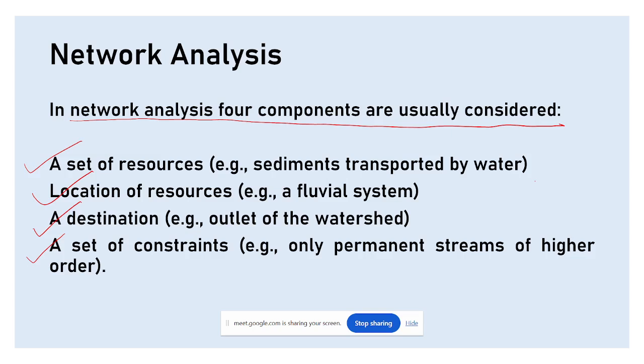So you have to set some constraints, like you will only consider the streams which are of higher order, and that too permanent streams, because certain streams might be very seasonal, active only when rain is coming. So based on the example, we are talking about the four components in a network analysis.